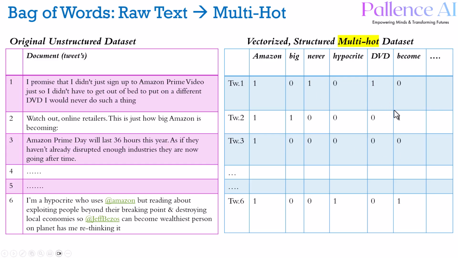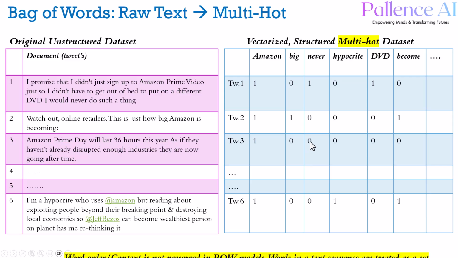Okay, boom. But you see what happened. This is called multi-hot, meaning many of these can be ones, many of them can be present. We just converted this raw, unstructured text into a structured numeric format for each sample, and then basically we did it for the entire data set.